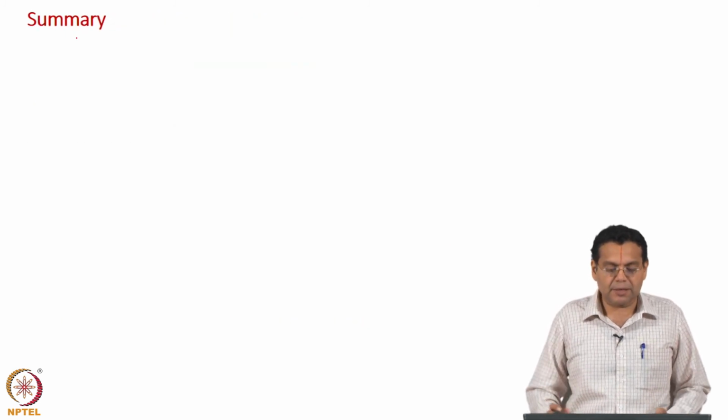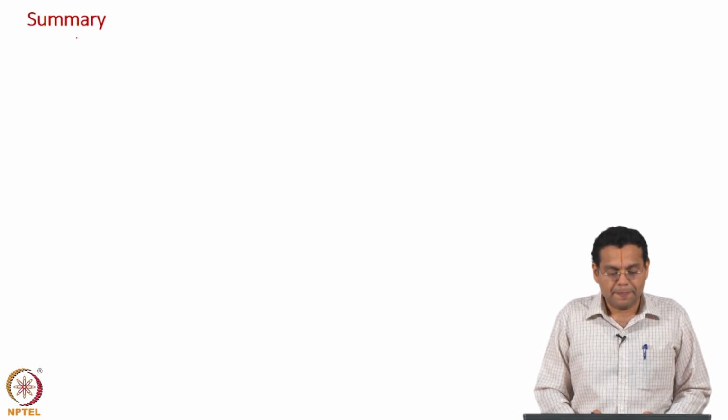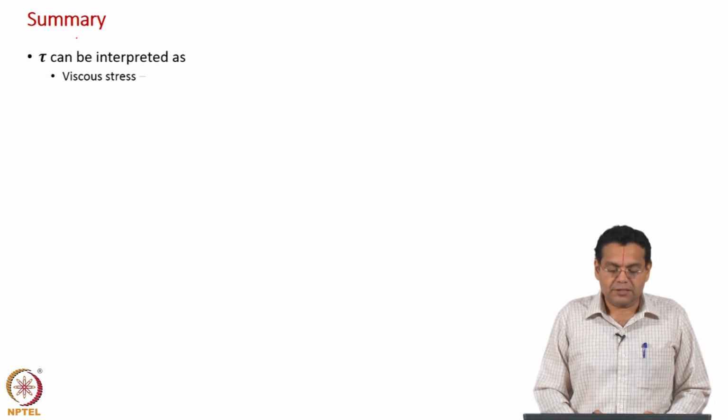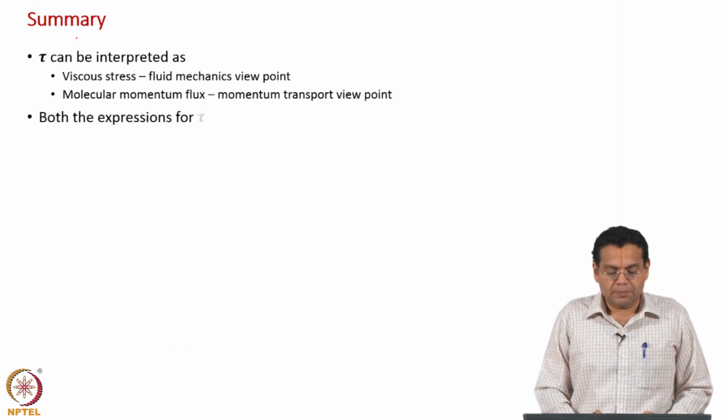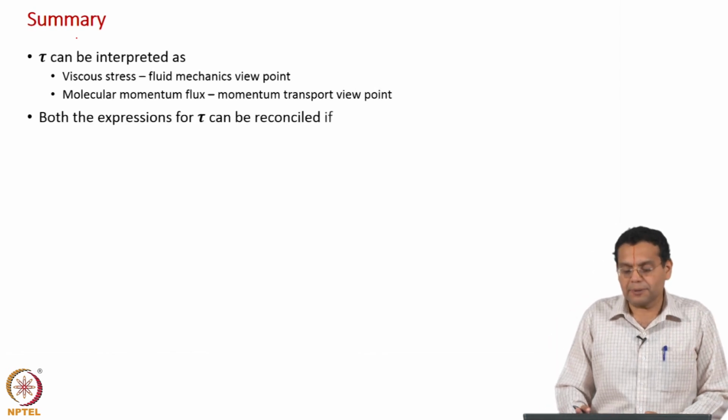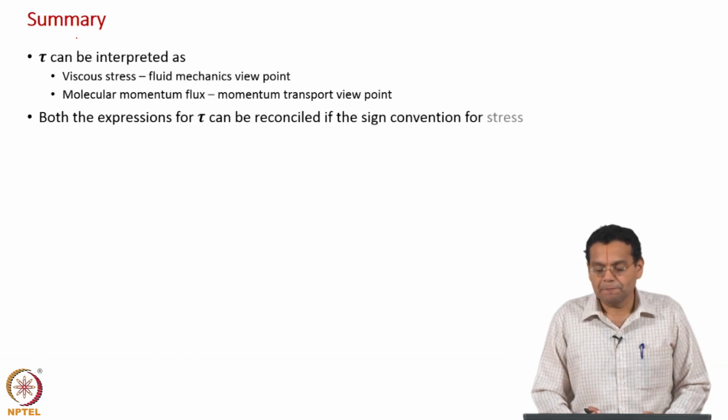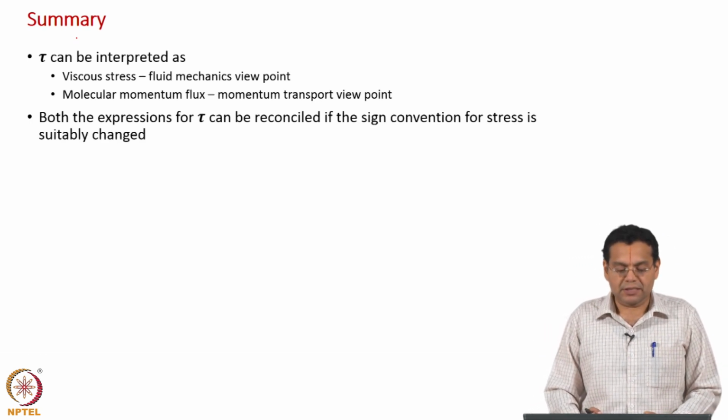Okay. So, let us summarize what we have discussed so far. Tau can be interpreted as viscous stress, the fluid mechanics viewpoint, or molecular momentum flux, the momentum transport viewpoint. Both the expressions for tau can be reconciled if the sign convention for stress is suitably changed.